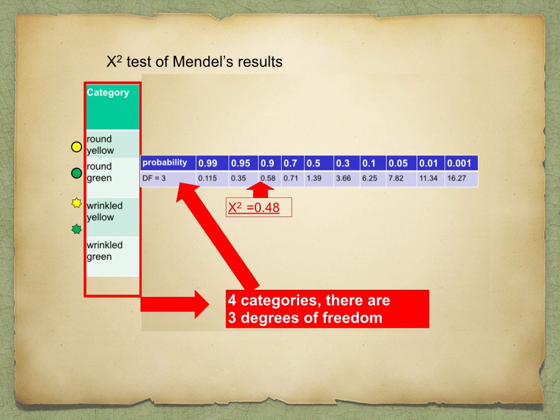My value is 0.48, and this falls between 0.35 and 0.58. What probability is this? And is this probability higher than 0.05?